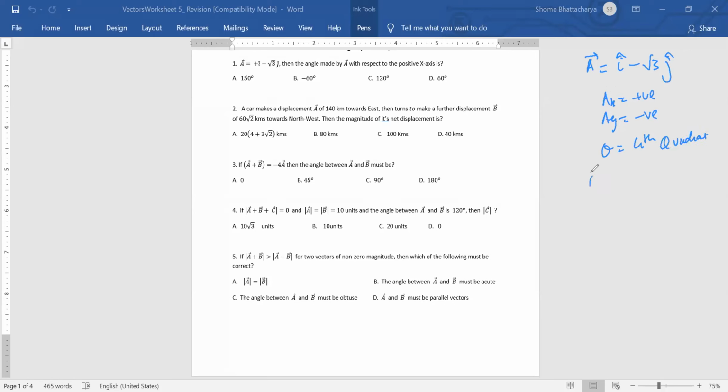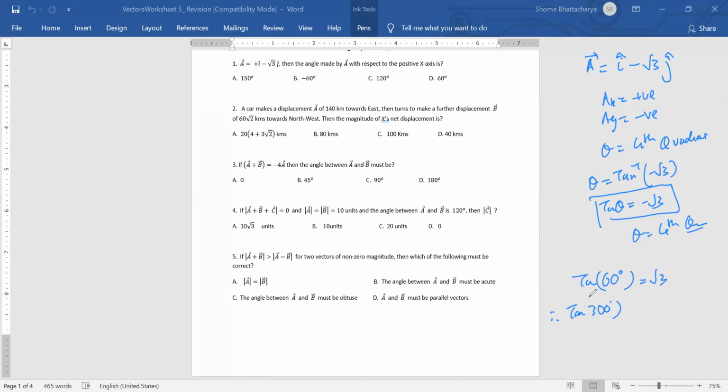And tan theta is minus root 3. You know that tan 60 is root 3. Therefore, tan of 300 degrees, which is the same thing as tan of minus 60 degrees, is minus root 3.